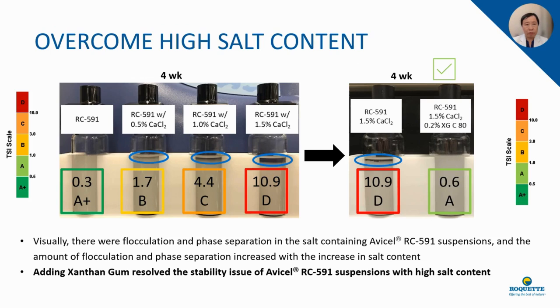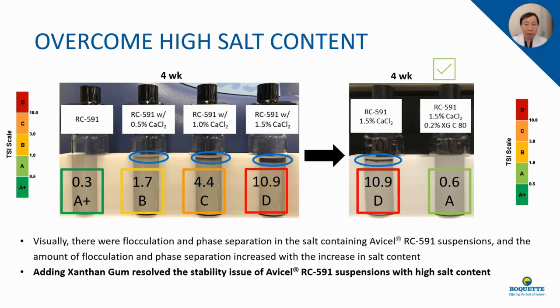The photo on the left demonstrates the visual impact of high salt concentrations on the stability of Avicel RC591 suspensions. As salt content increases, noticeable flocculation and phase separation occur, which means an unstable suspension.